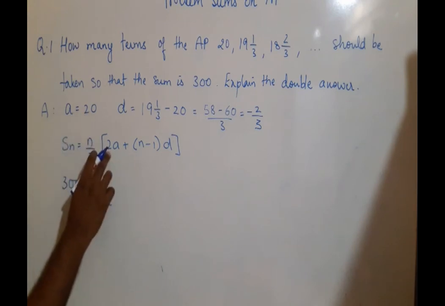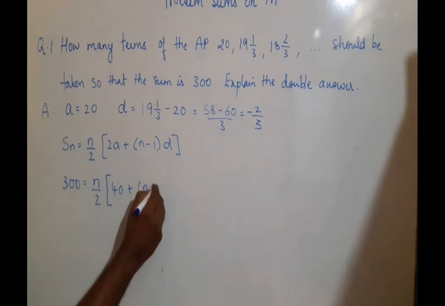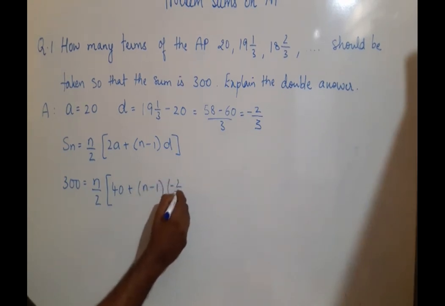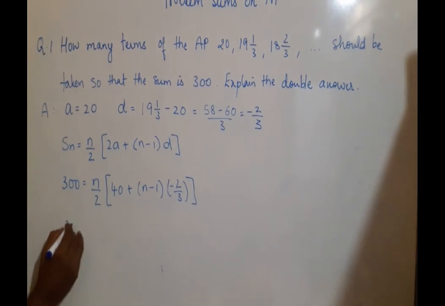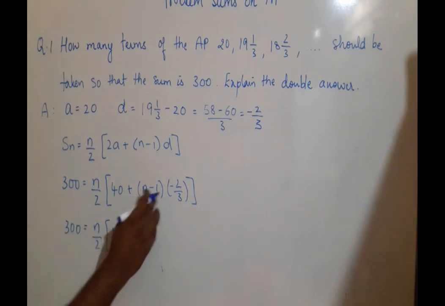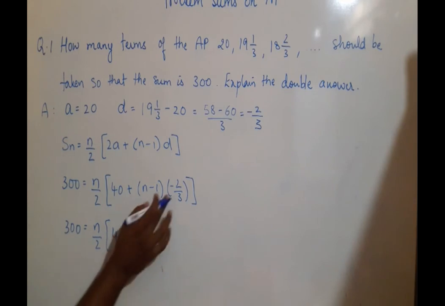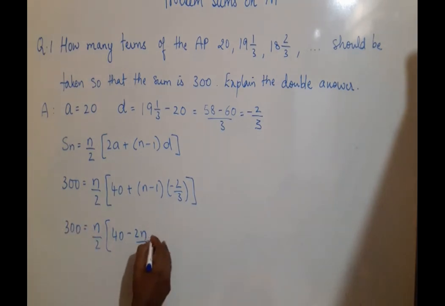A is 20, so 2 twos are 40, plus (n minus 1) into minus 2 by 3. On solving further, we get 300 equal to n by 2, 40 plus, now multiply, so minus 2 by 3 into n is minus 2n upon 3, and minus 1 into minus 2 by 3 is plus 2 upon 3.